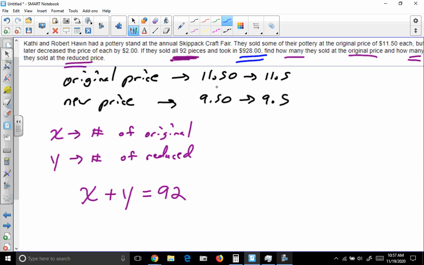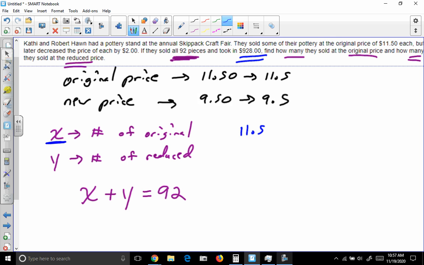Well, if the original price was $11.50 for one item, for each item we sold, we got $11.50. So if we sold one, we got $11.50. If we sold two, we got twice that. If we sold three, we got three times that. We don't know how many we sold.